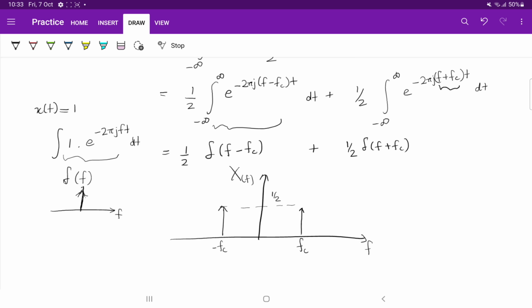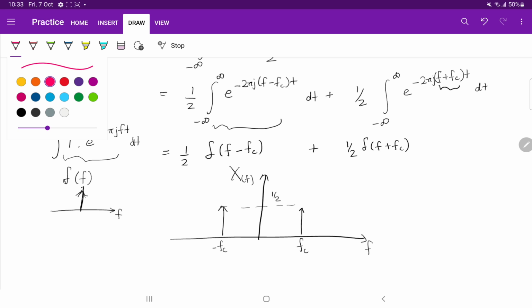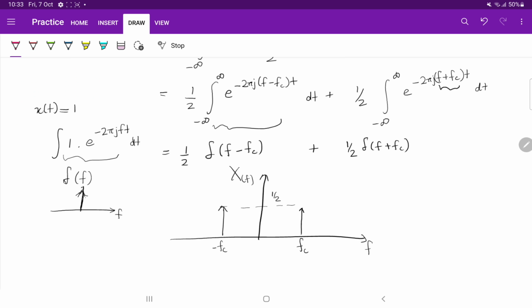Another important thing is, you might wonder why we can't use direct integration for this without using the delta function equation. The thing is, if you use direct integration here, you get an indefinite form, which means you get infinity and minus infinity, and a complex form which requires more mathematics to solve.